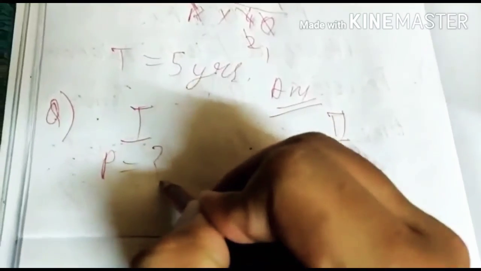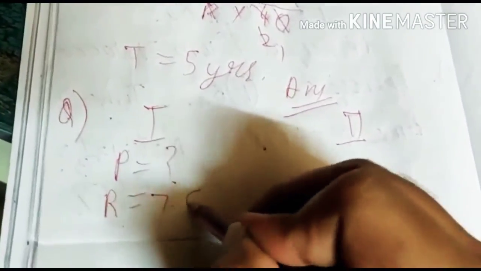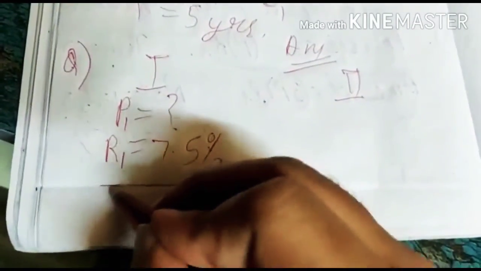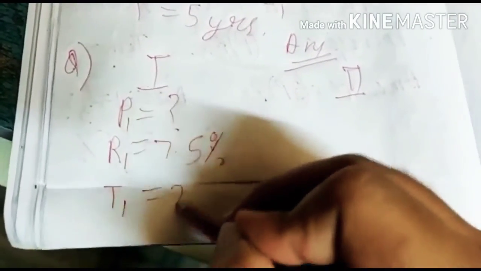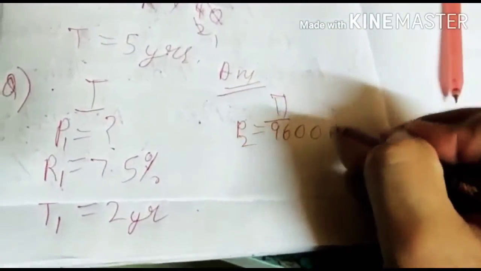Means there were two things, like the first system and second system. In this, principal is unknown. Here rate is 7.5%. Okay, P1, R1, and T1 is 2 years. Here principal is P2, 9600 rupees.